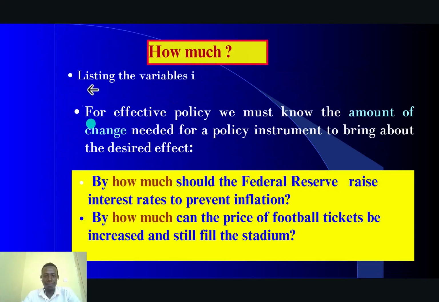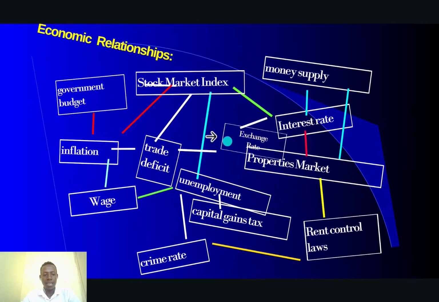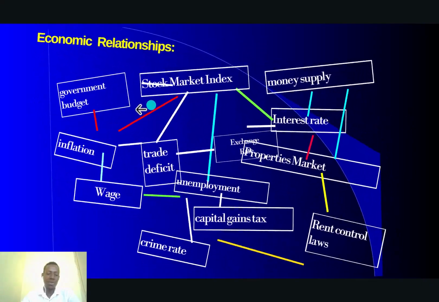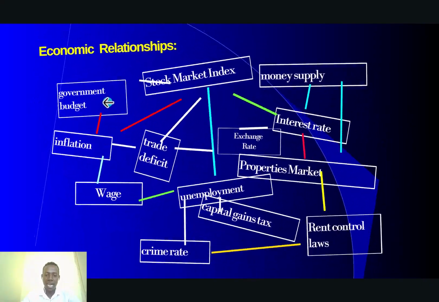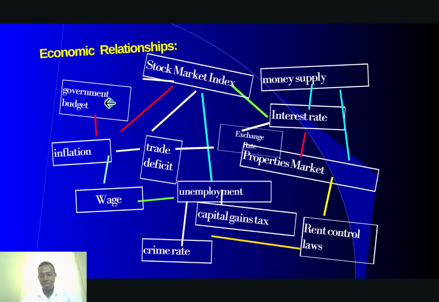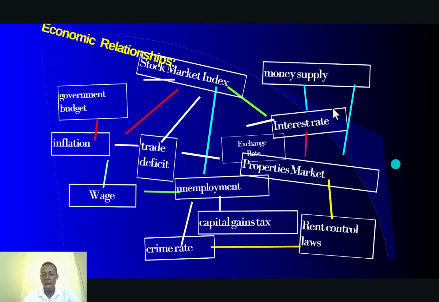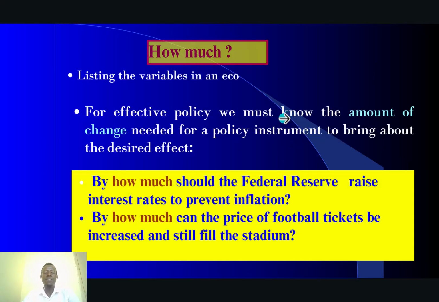So the question is how much? It's a theory, actually. A theory, for instance, this one is a theory, or simply a hypothesis, or an expected theory on the course or on subject A, but we don't know by how much one variable can affect the other.